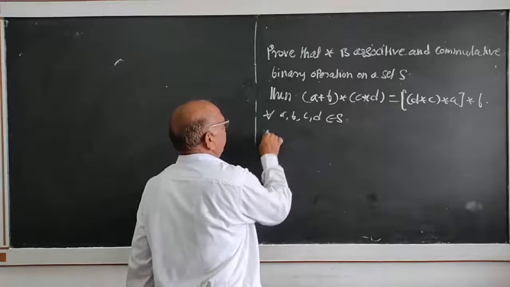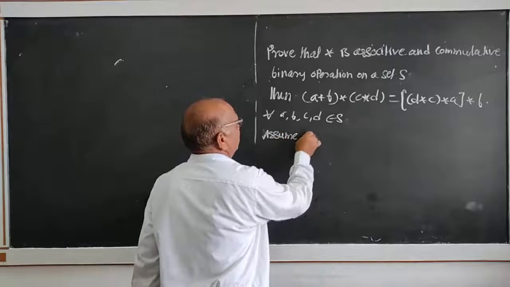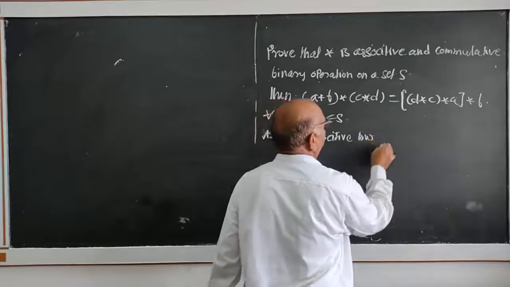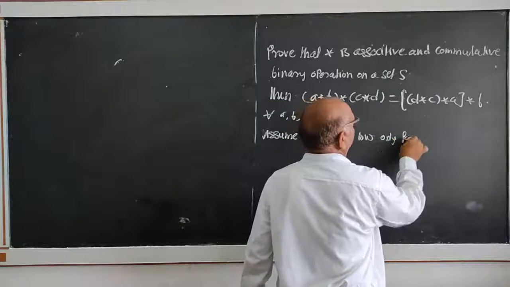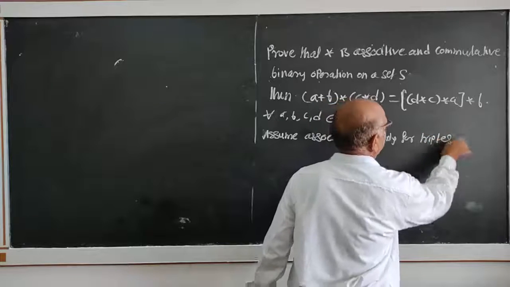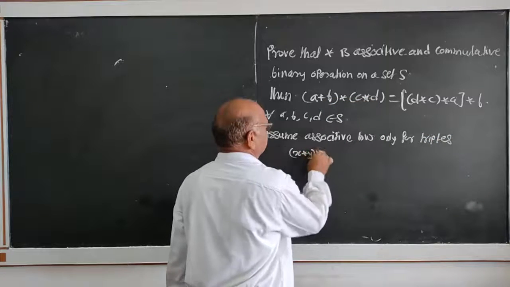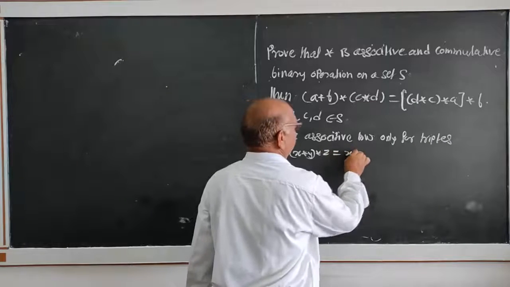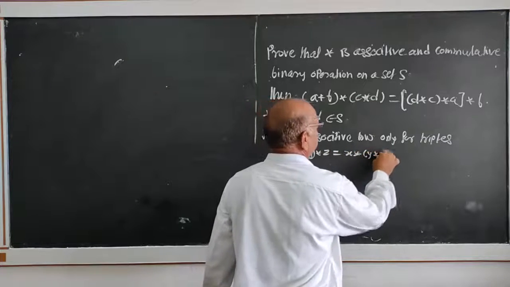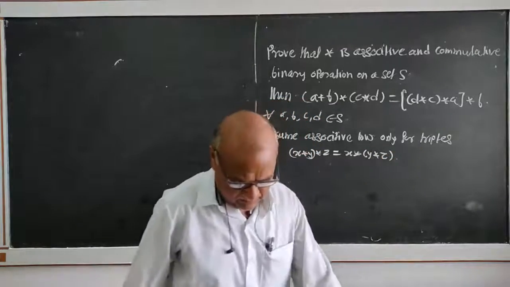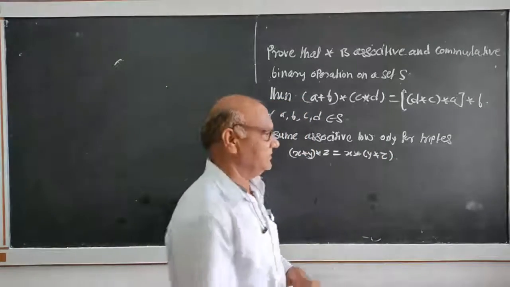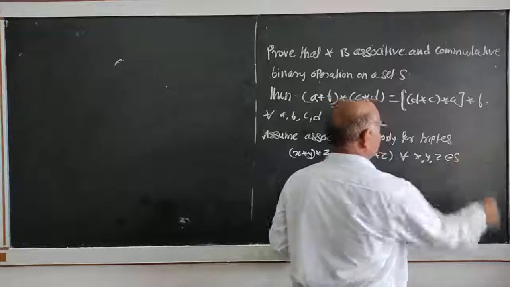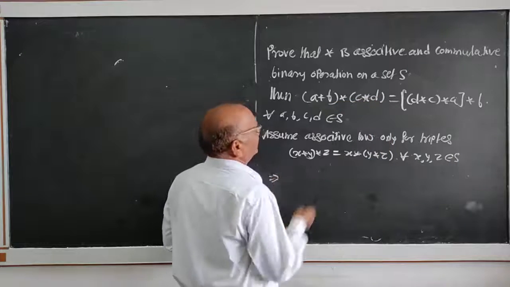Assume associative law only for triples. (X star Y) star Z is equal to X star (Y star Z) for all X, Y, Z belongs to the set.